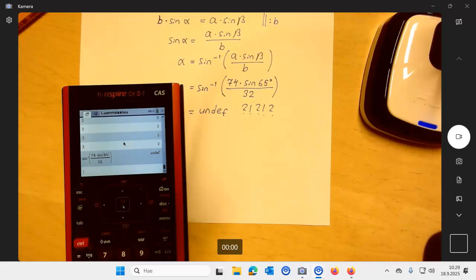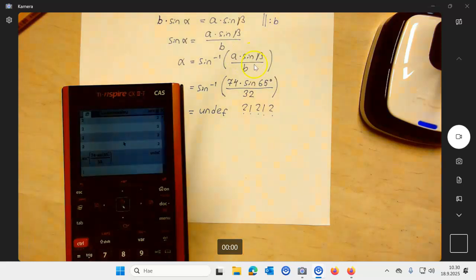I wanted to draw a picture of that triangle in the beginning of this problem, but after a while I found out that it was impossible. This angle 65 is too big for these sides of the triangle to go together in the same triangle.